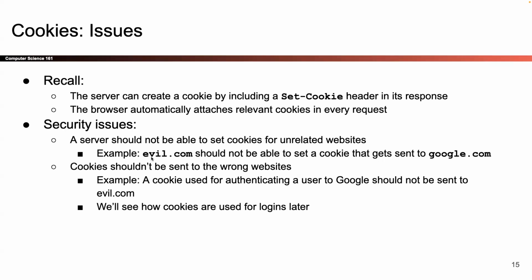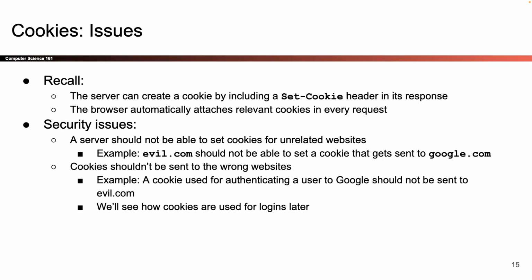And a second problem is that cookies can often contain sensitive information, as we're about to see. Suppose a cookie contains some top secret information. It would be really bad if I had a cookie with top secret information about my bank account login, or something really sensitive like the password to the exam solutions, and when I made a request to evil.com, my browser decided to take that cookie, attach it, and send it to evil.com.